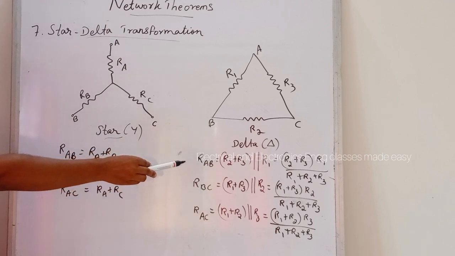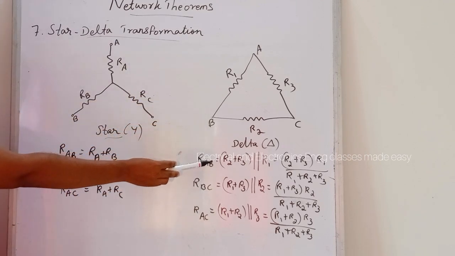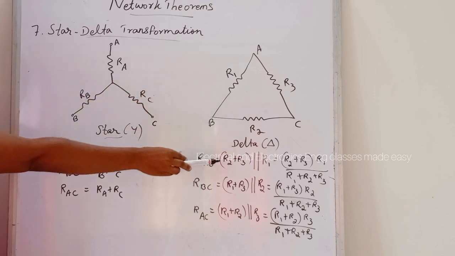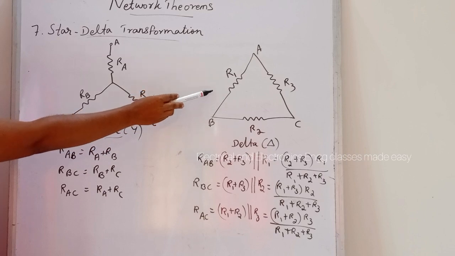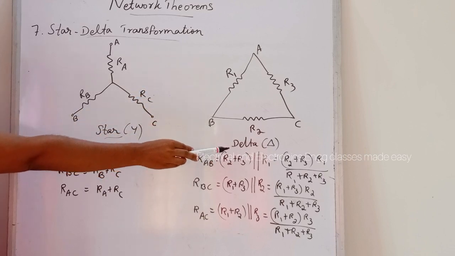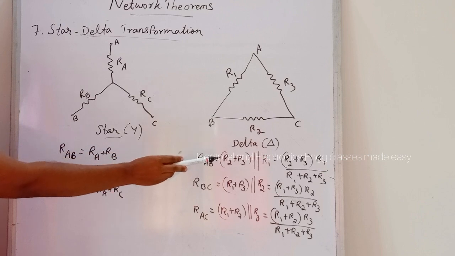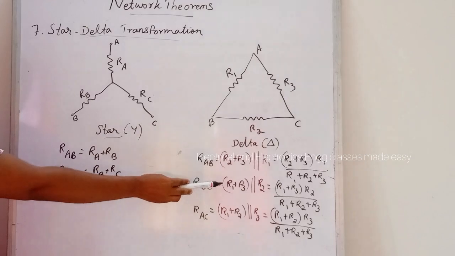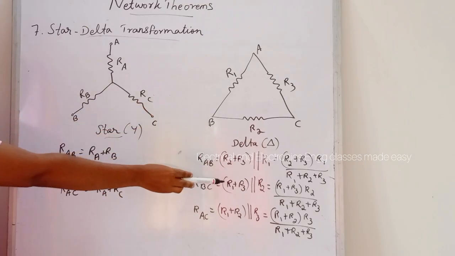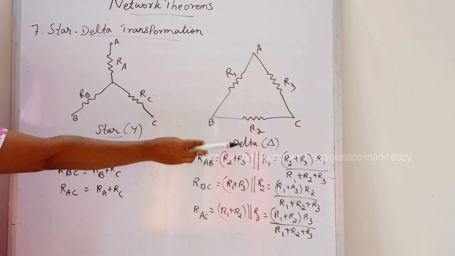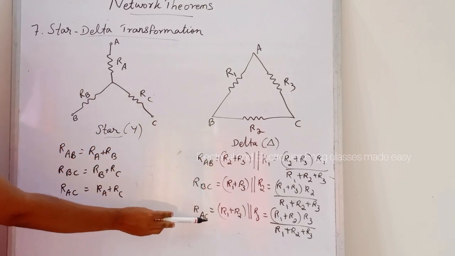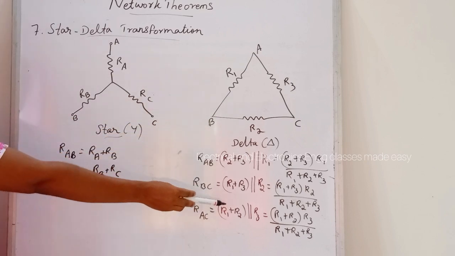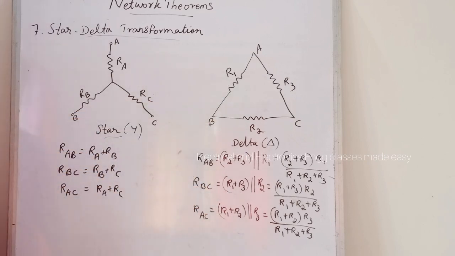And in delta connection, RAB is equal to, here R2 and R3 are in series which is in parallel with R1, that is (R2 plus R3) into R1 divided by R1 plus R2 plus R3, and also RBC is equal to R1 R3 in series which is in parallel with R2, and RAC is R1 R2 in series which is in parallel with R3.